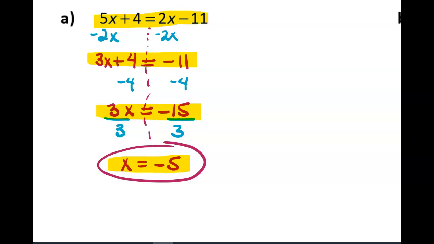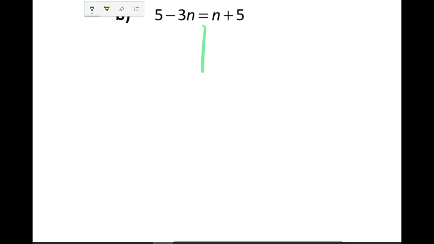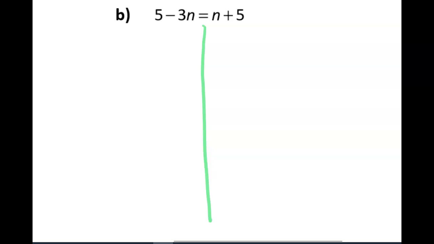All right, let's try B. Very similar. We have variables on both sides. If that's helpful, just draw a light line down there in the middle so you know what we're talking about when we say do things to both sides of the equal sign.